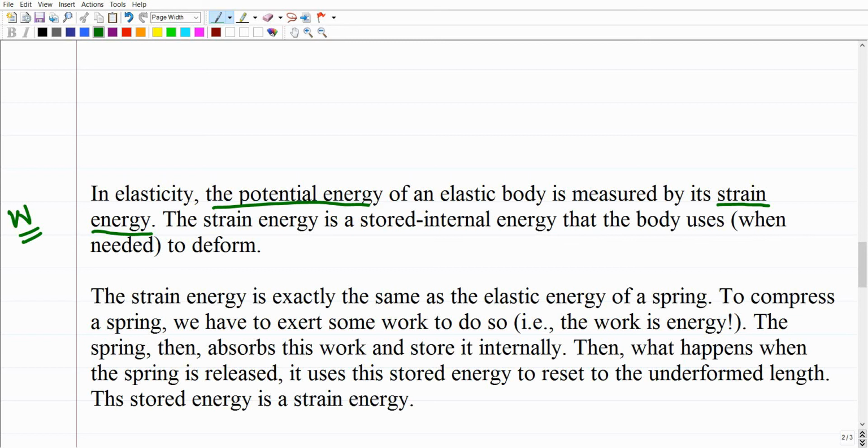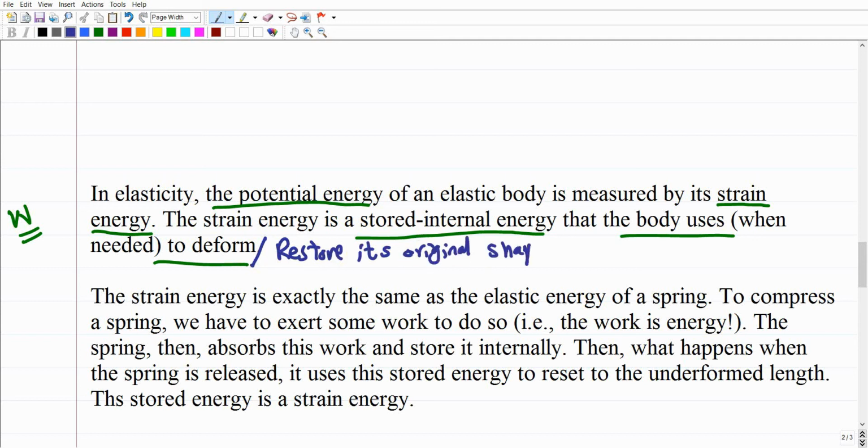This energy is the strain energy, which is a potential energy. Make sense? So the strain energy is a stored internal energy that the body uses when needed to restore back again to its original shape and dimensions.